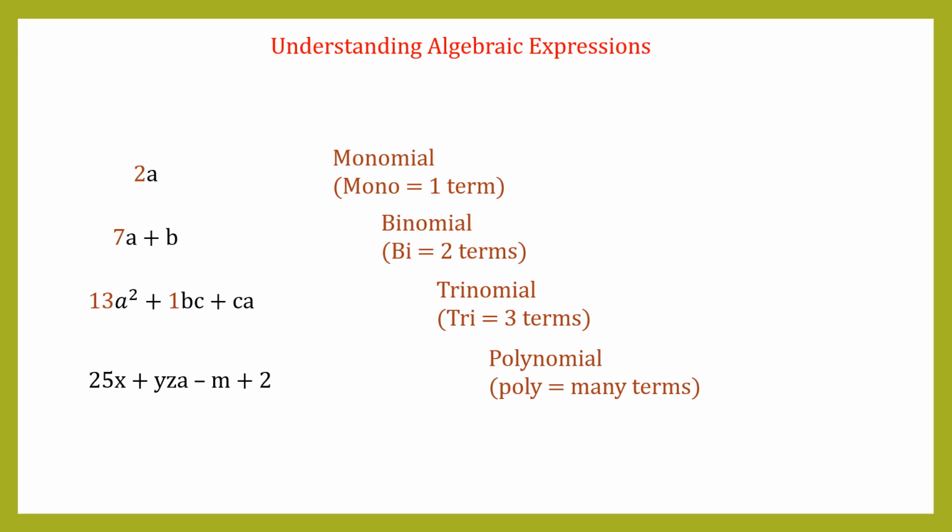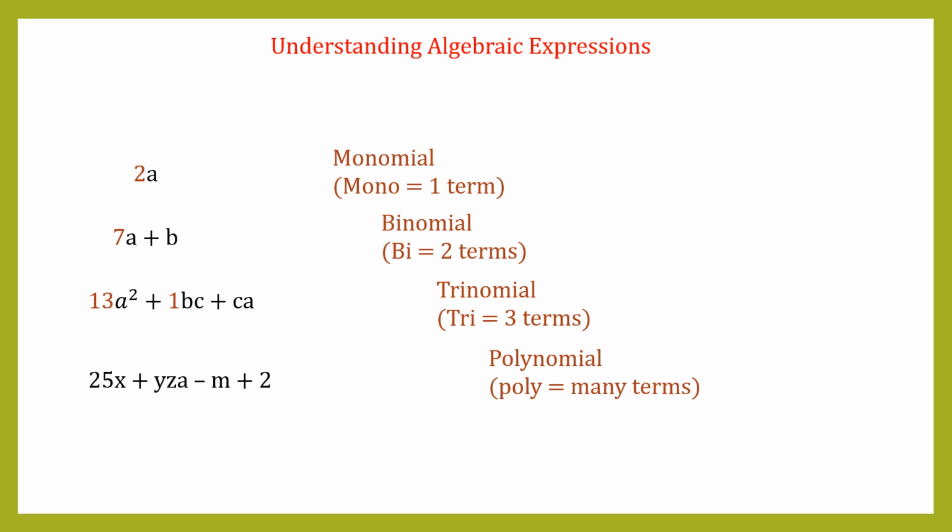Then yza. What is the coefficient of yza? It's plus 1. Dear children, we need to take care of the sign which is on the left of a particular term. Now, next is minus m.